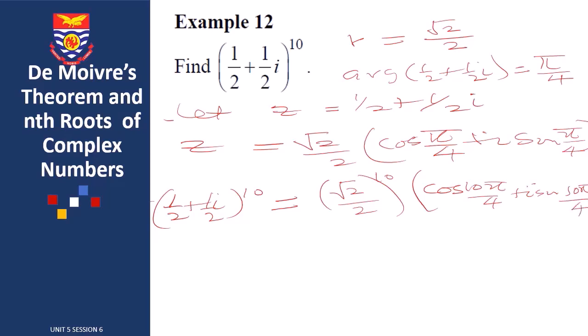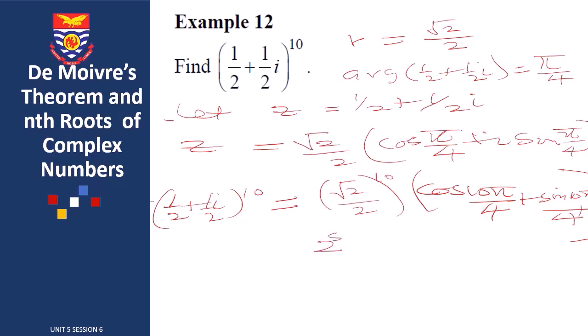So using De Moivre's theorem, you get something like this. Then you can simplify this further. Don't forget about cos 10 pi on 4, you get 0.